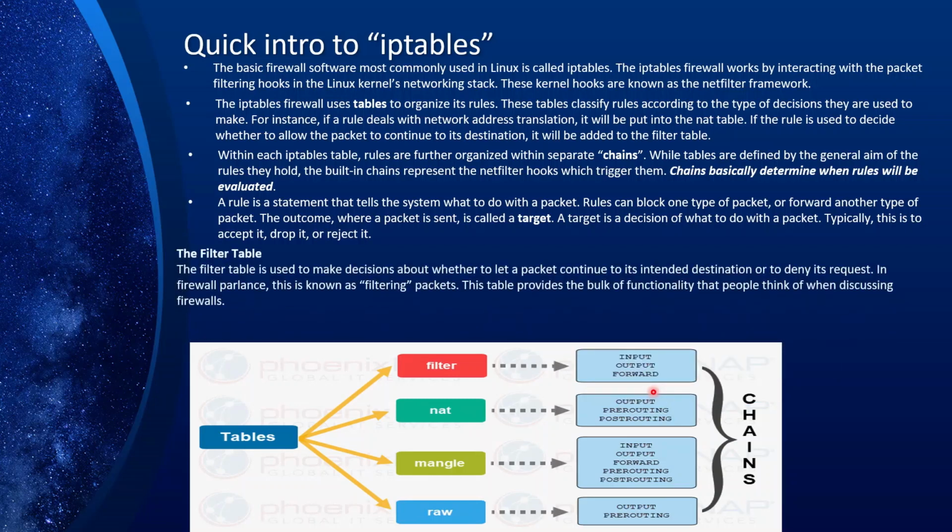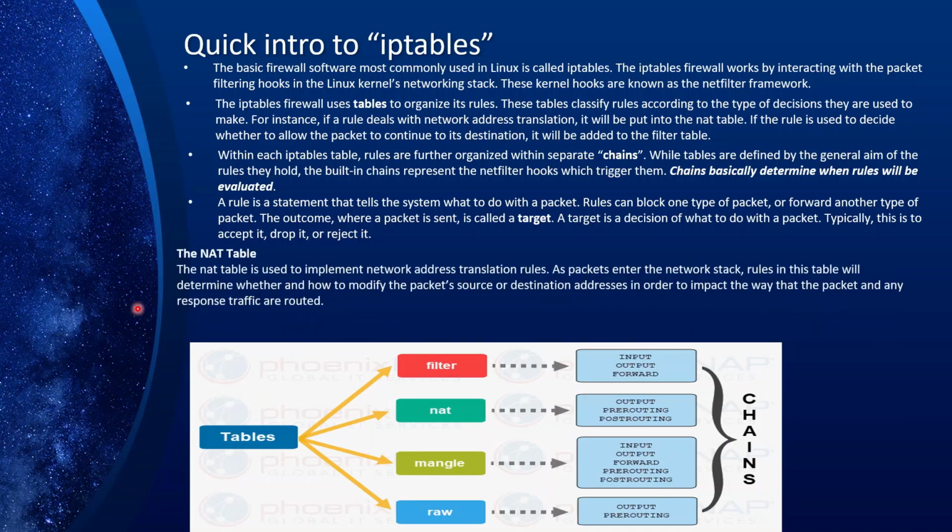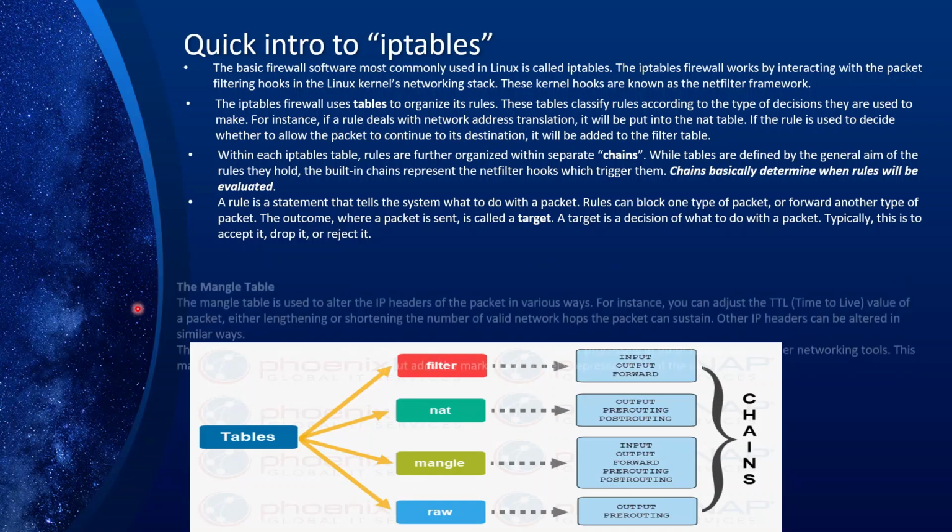Now let's take a quick look at each one of those tables in iptables. As mentioned, the filter table is responsible for deciding if the packets are allowed or disallowed to enter or exit the system. The NAT table, again as discussed, decides if the destination or the source IP of the packet needs to be adjusted.